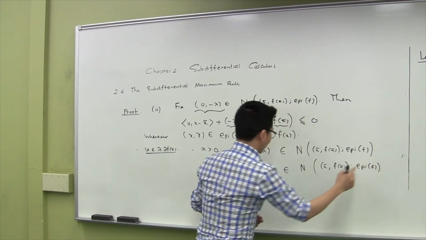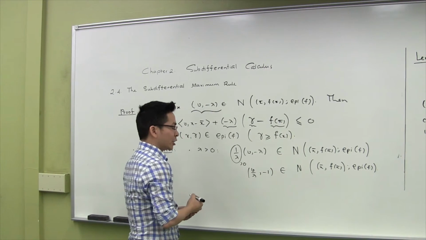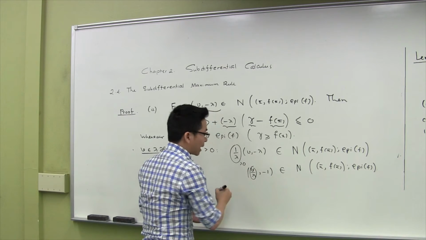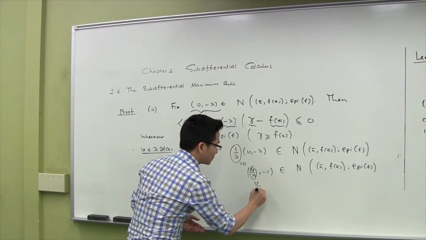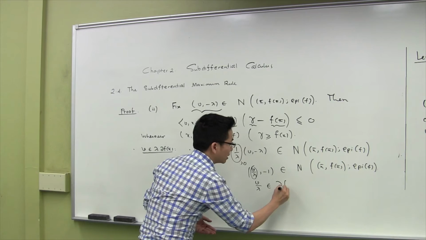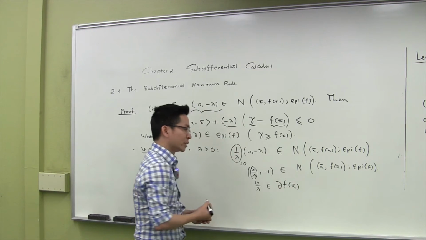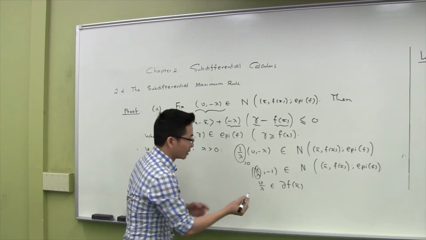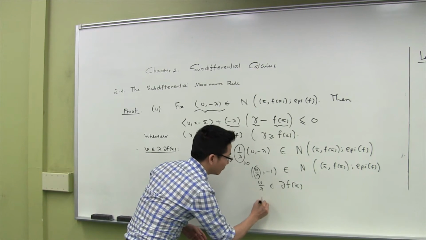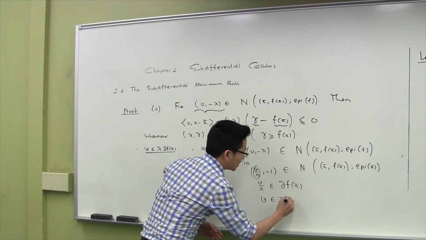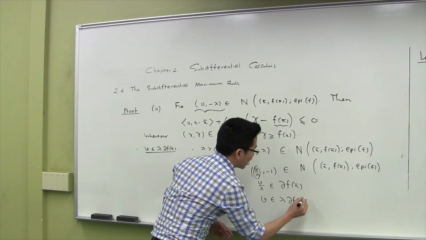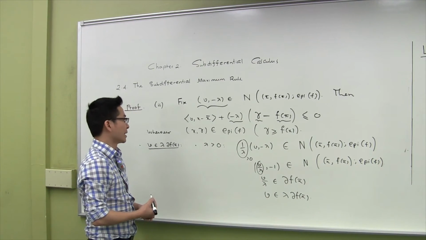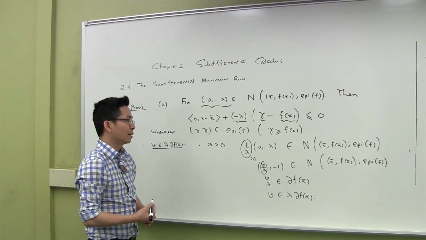And from here, by the geometric characterization of the subdifferential, this element v over lambda belongs to the subdifferential of f at x bar, and we talked about this in an earlier lecture. So from here we can easily see that v belongs to lambda times the subdifferential of the function f at x bar. So the proof is complete for the case where lambda is strictly greater than 0.